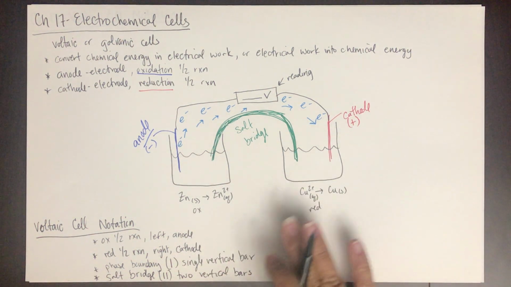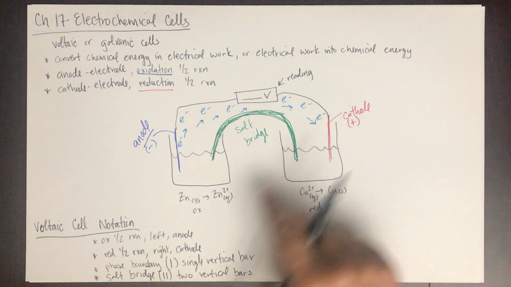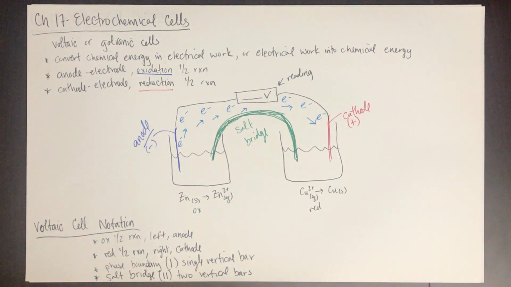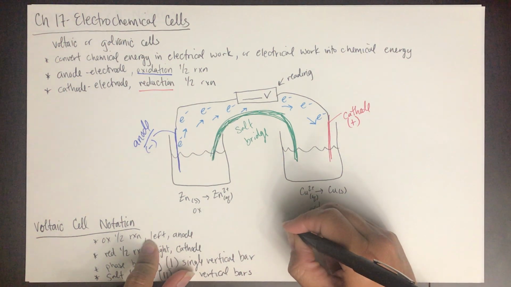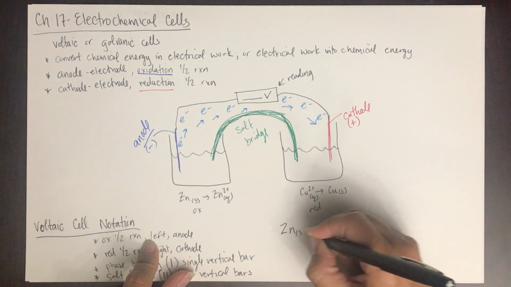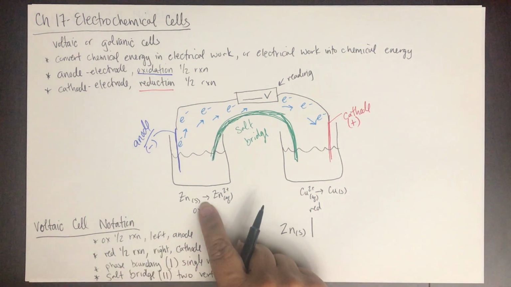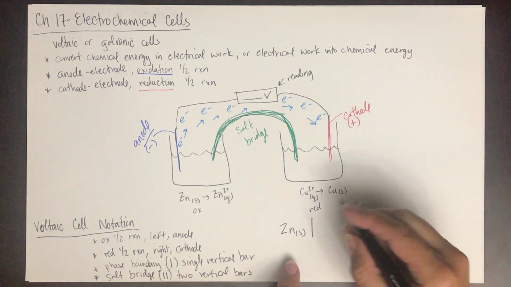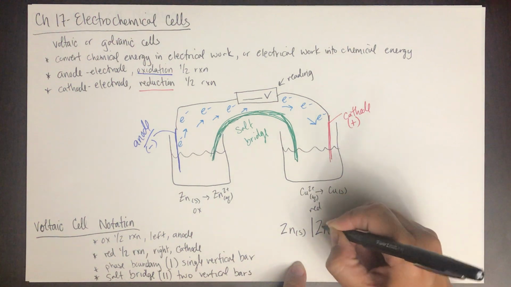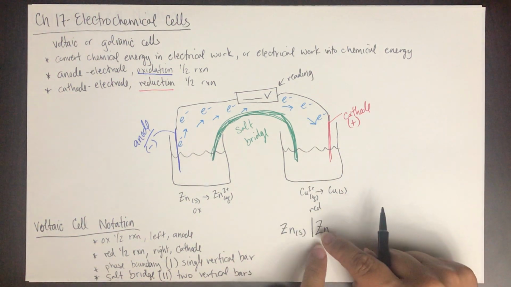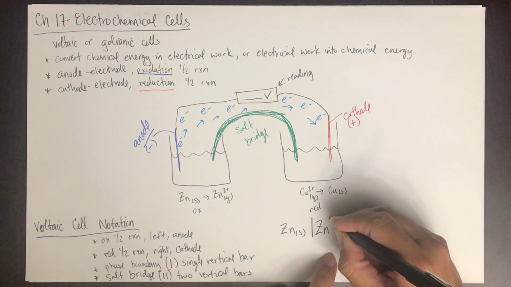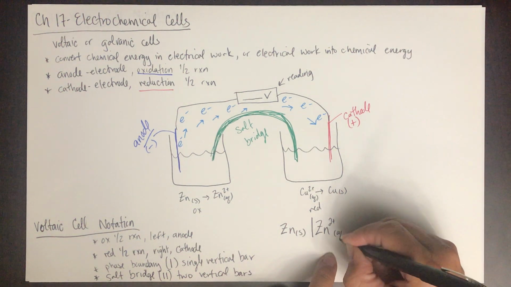If I were to write this picture in Voltaic cell notation, I would write the oxidation half reaction on the left. So I would write zinc solid, single bar, because there's a phase boundary from solid to aqueous, then zinc 2+ aqueous.